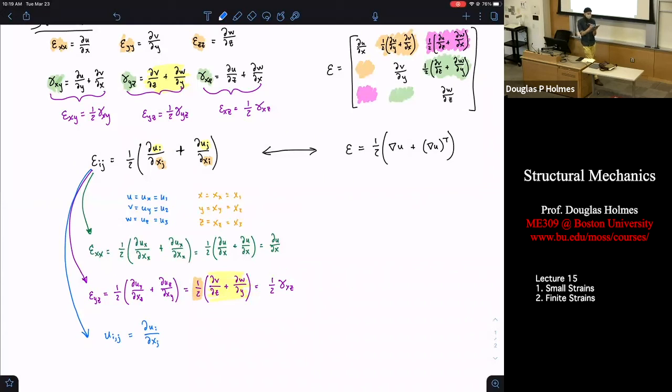Well, that makes this notation even more compact, because now I can say that epsilon_ij is just equal to 1/2 (u_i comma j plus u_j comma i).